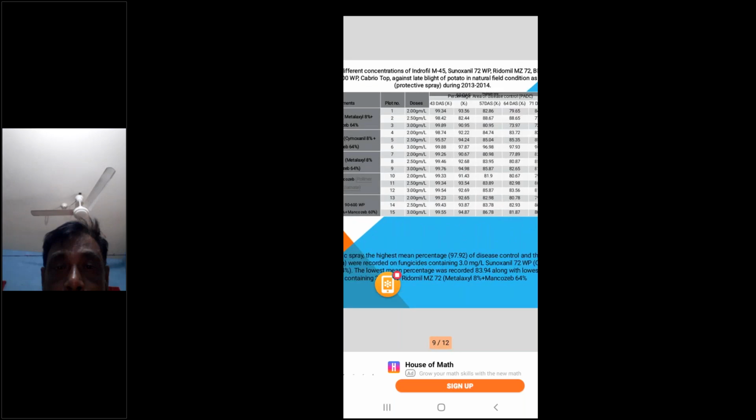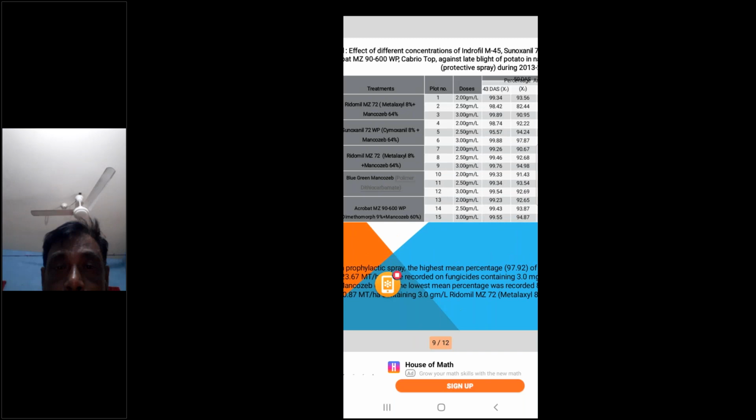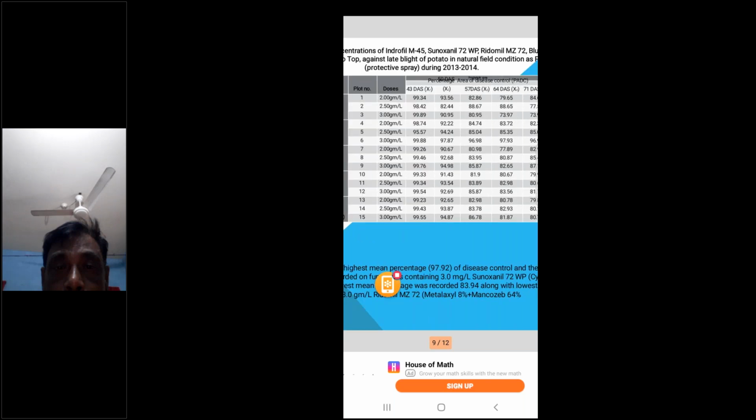This is the table. Here, Redomil Gold, that is metalaxyl with mancozeb, was sprayed in different plots, 1, 2, 3, 4, at different concentrations and in different doses.